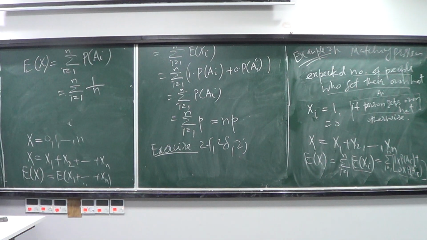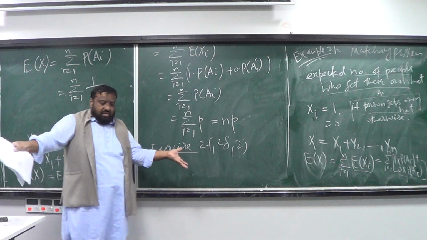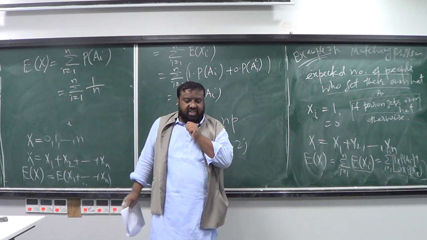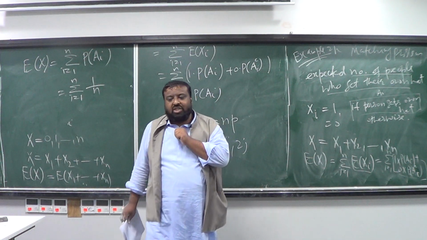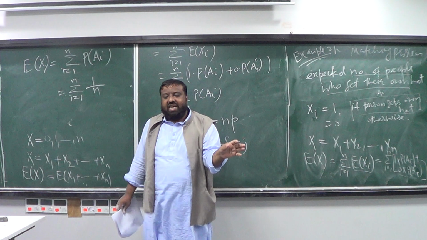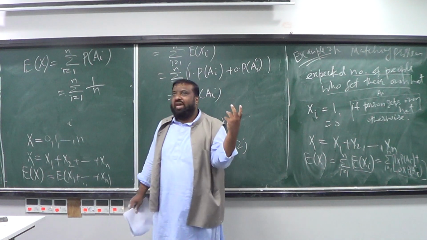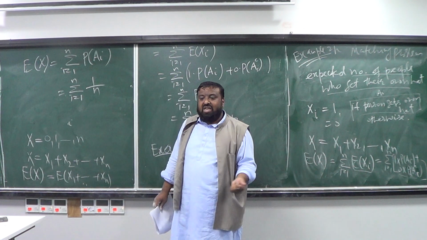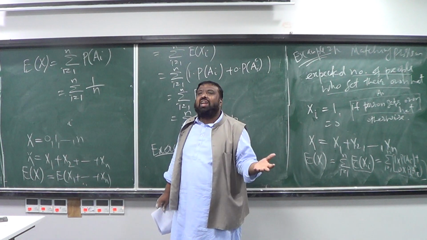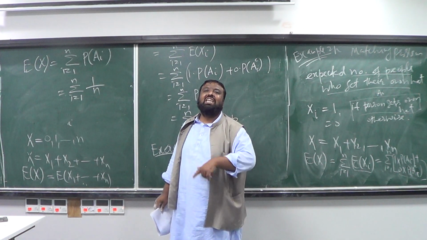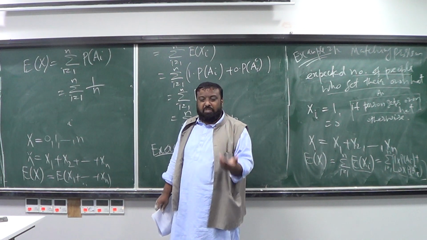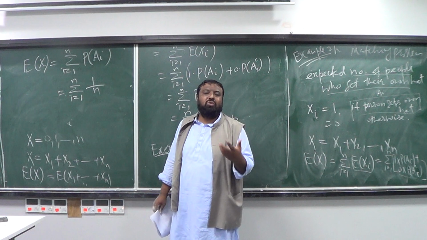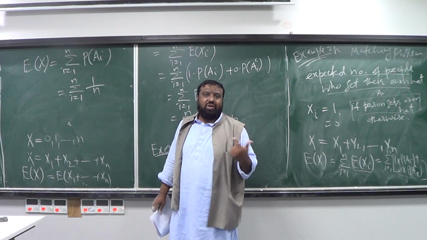There is a reason behind it. You have n hats, and what is the probability of choosing one particular hat, which is my own hat, out of these n hats? All n hats have an equally likely probability of being chosen, so the probability of choosing your own hat is 1 over n.